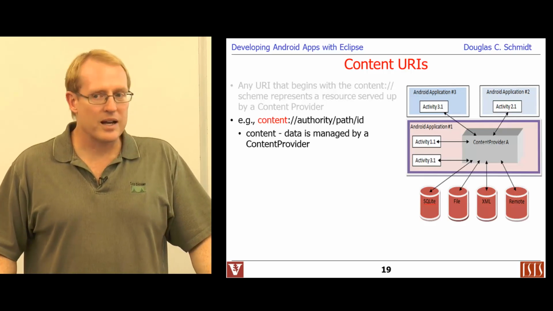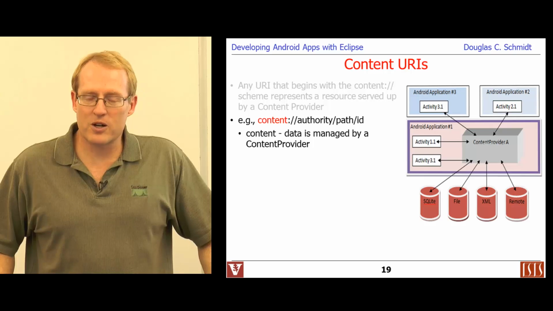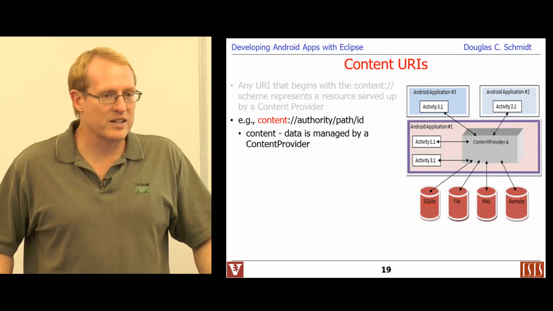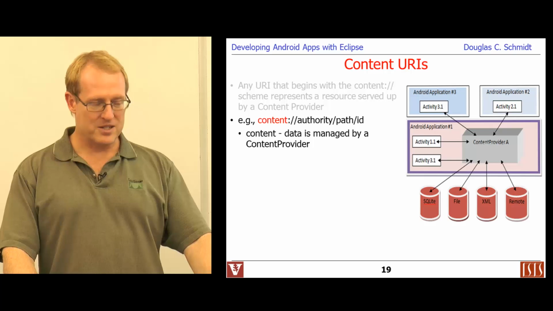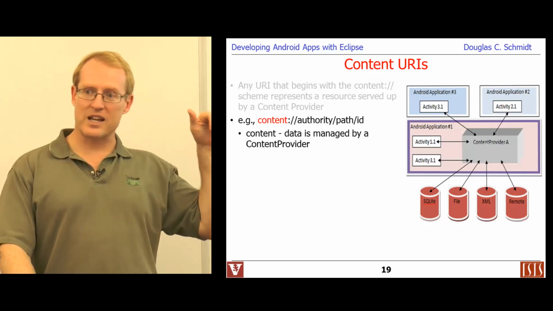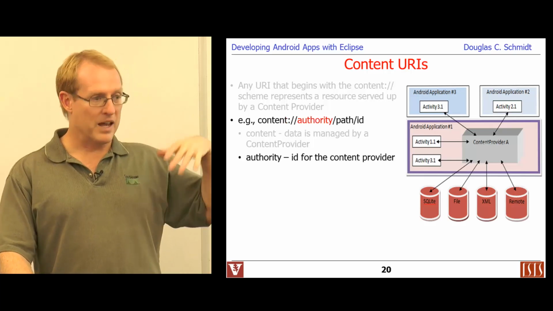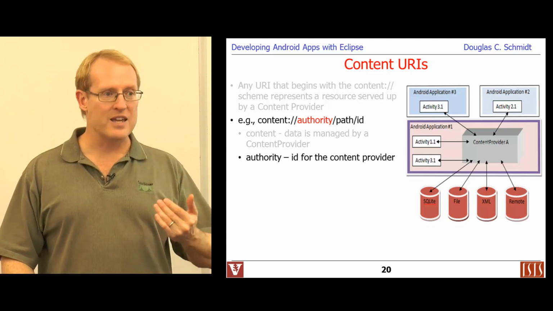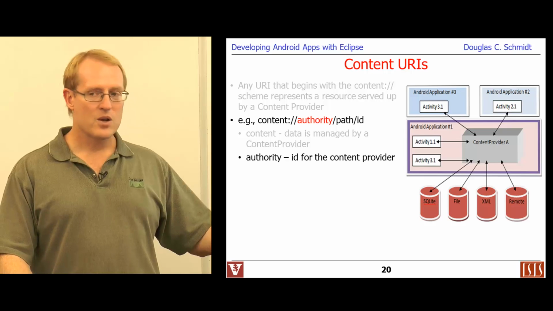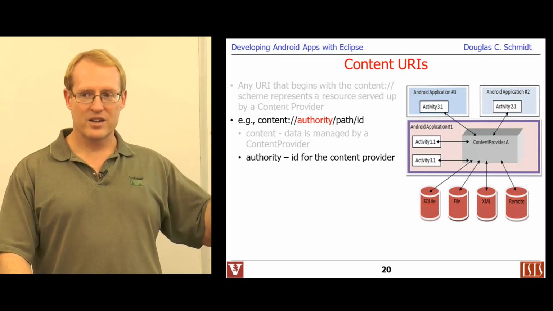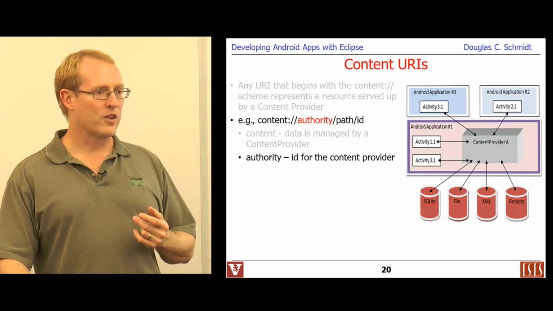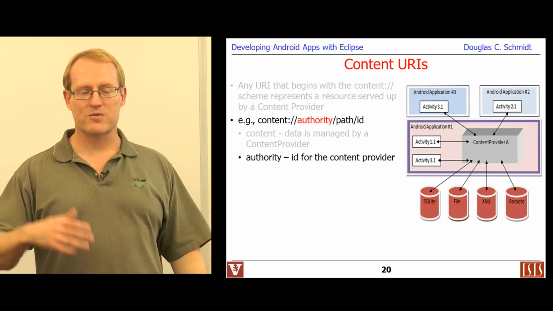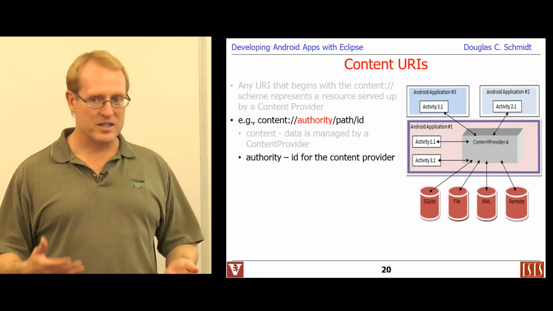So if you break down what you use to describe a content URI, it has a couple of different parts. It has the prefix, which says this is a content URI managed by the content provider system. Then the authority, which is the ID for the particular content provider, which is usually going to indicate whether it's for YouTube, or for browser, or for calendar, or MMS, SMS, whatever.